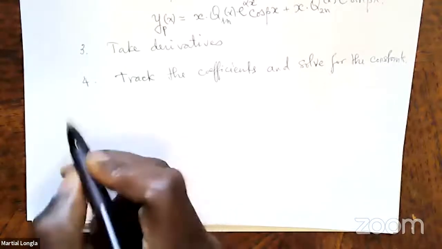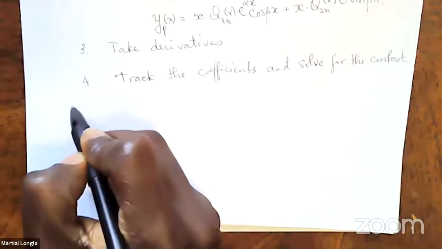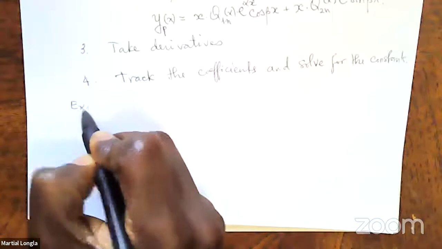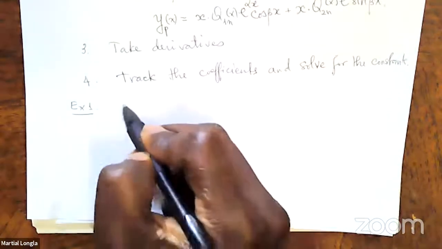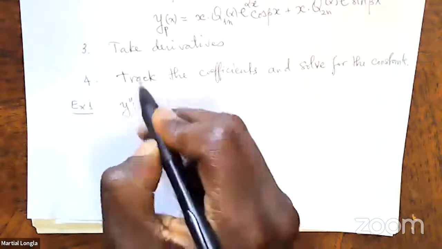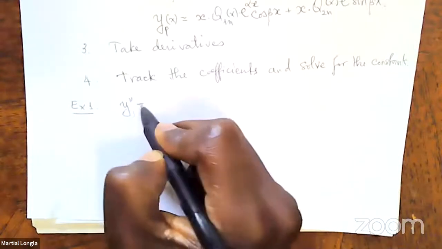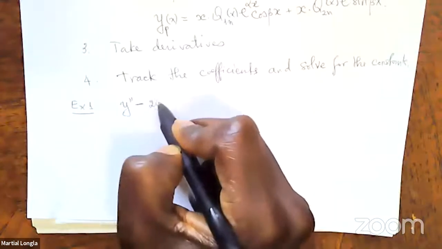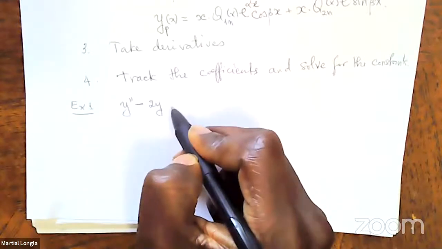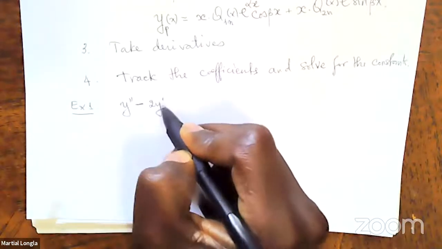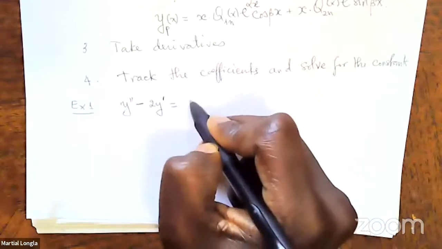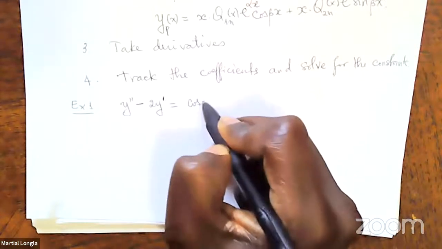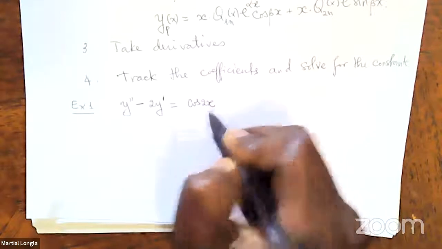So we have example 1. Y double prime minus 2y prime equals cosine of 2x, for example.